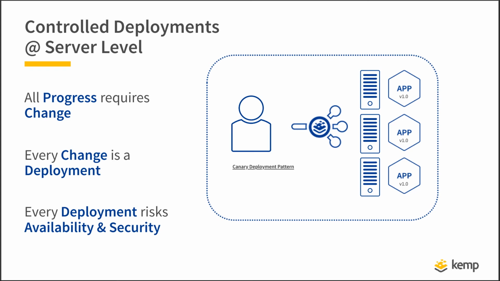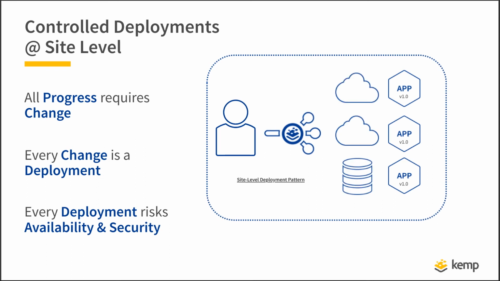But GSLB can provide an alternative that sometimes can work hand in hand with the site level, but sometimes it's easier to implement because it has fewer requirements around certain application behavior and less sophisticated environment setup. So the same patterns can be used at a site level that you use at a server level. So with GSLB, rather than have a pool of servers, you have a pool of sites.